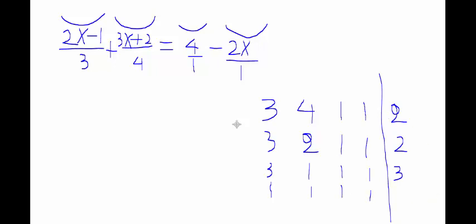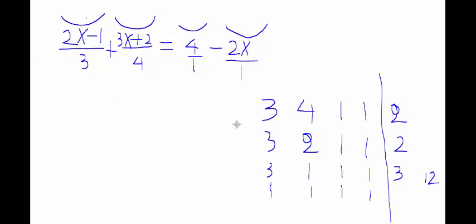Now if you multiply 2 times 2 is 4, and 3 times 4 is 12. 12 is the least common denominator. So we're going to take 12 and use it here to make the hats.